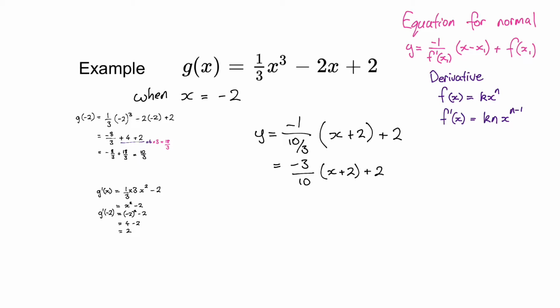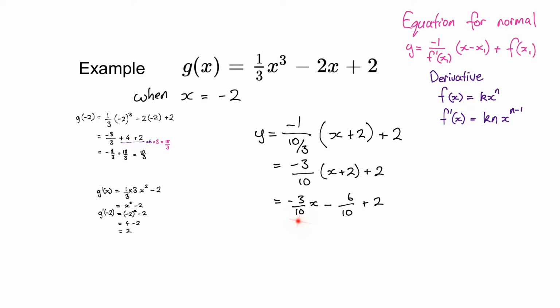Now we can just expand and simplify it. So we get minus 3 over 10x plus 2 times 3 is 6. So then we get minus 6 over 10 plus 2. So we have a negative and a positive. We'll just change those so it's just a single negative.